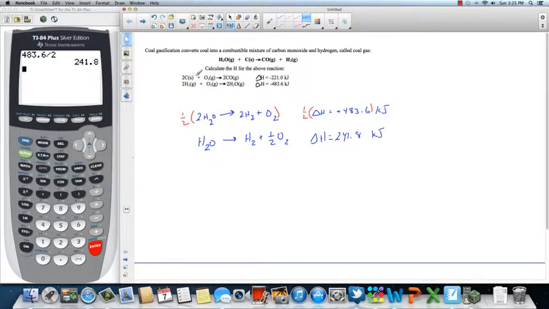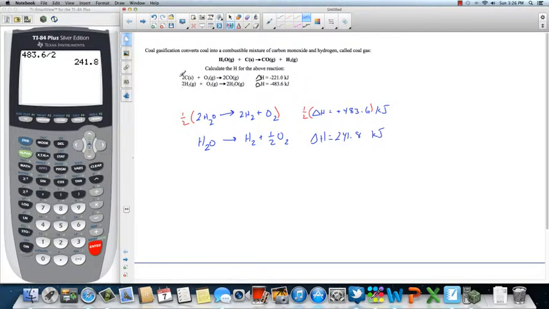Now we want to look at that first reaction. We can see a couple things. First, we want carbon as a reactant, and carbon is already written as a reactant, which is good. Carbon monoxide is a product, and we want it to be a product in our end reaction, so that's good. Now the only problem is we have 2 moles of carbon and we're looking for 1 mole of carbon. So all we're going to do is cut this reaction in half.